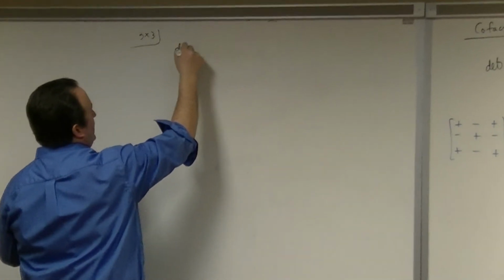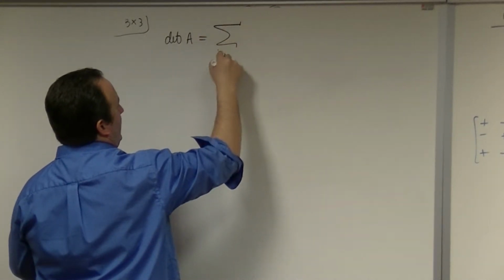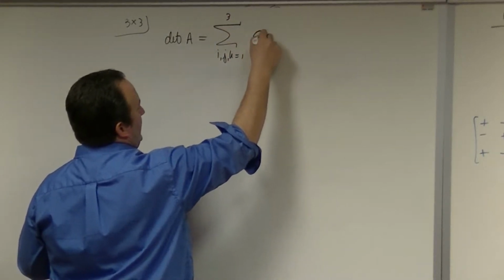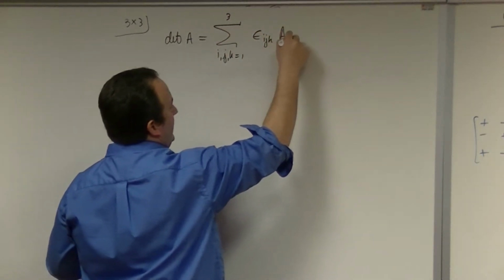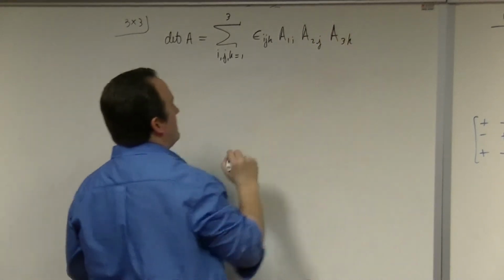So I'm saying the determinant of A is equal to the sum over i, j, k equals 1 to 3 of epsilon ijk, a1i, a2j, a3k.